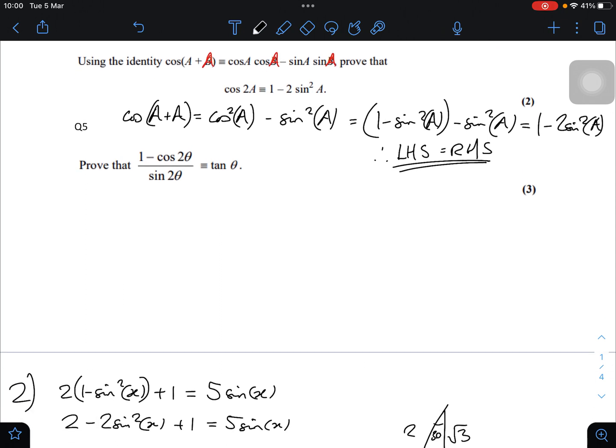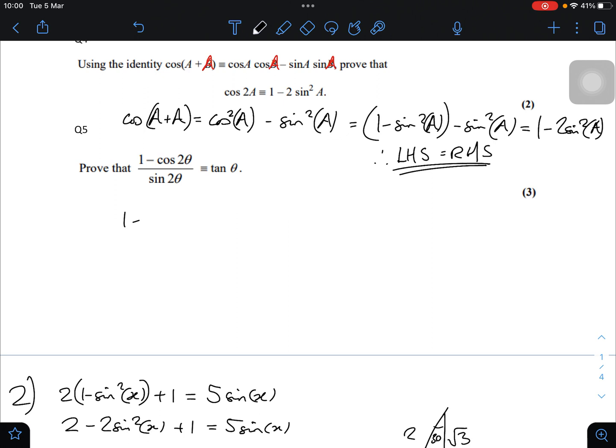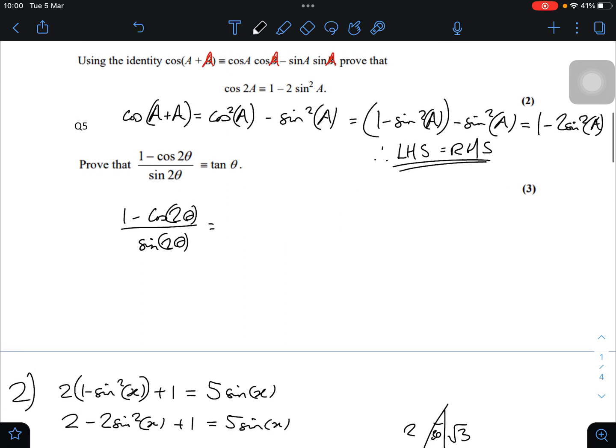Prove that 1 minus cos 2 theta over sine 2 theta equals tan theta. Well, 1 minus cos 2 theta over sine 2 theta. Again, I'm going to work from the left-hand side because there's more on the left-hand side to get to the right-hand side. And I'm going to use what I've learnt in the part above.